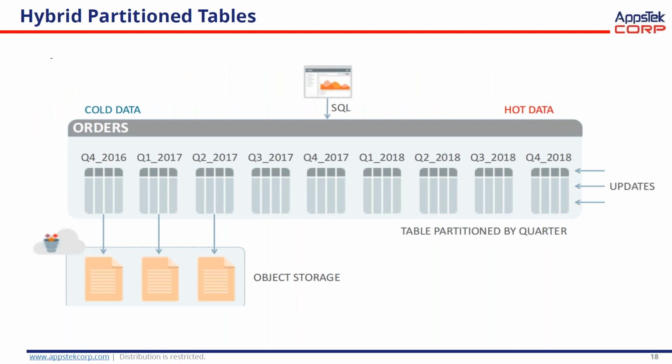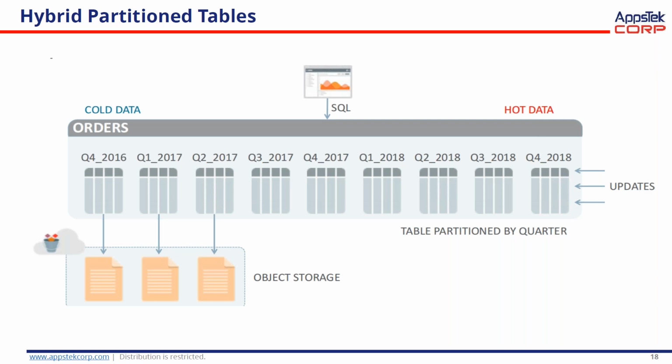Like in the picture, you can see that we have created a table partitioned by quarter, with partitions from Q3 2017 to date being table partitions. But the Q4 2016 to Q2 2017 data is kept in object storage, stored in a flat file, and that data can be accessed with a normal SQL statement.